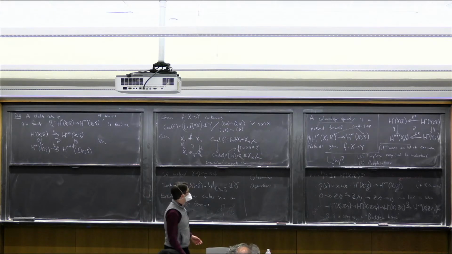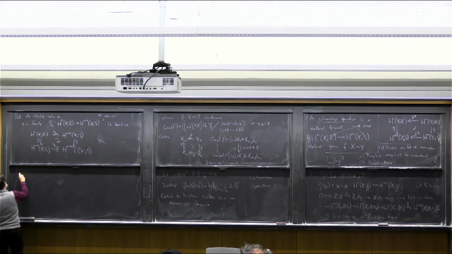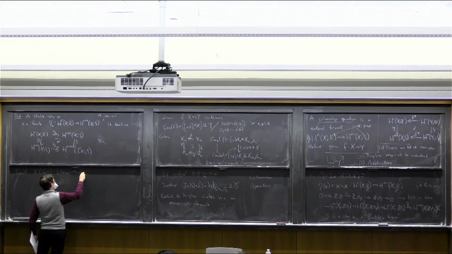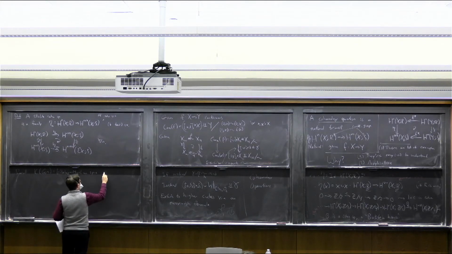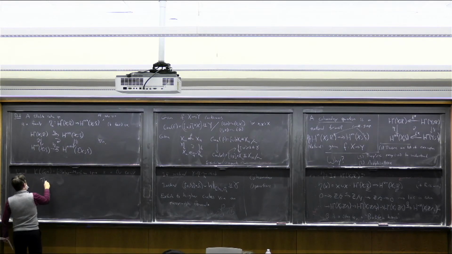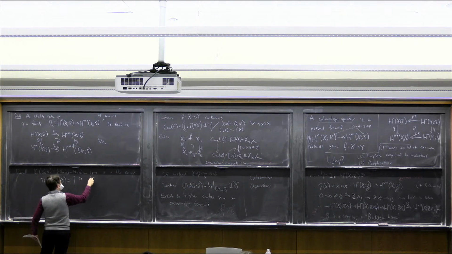OK, so the easiest example to understand, recall K(G, n). This is an Eilenberg-MacLane space. It's your favorite CW complex with pi_i of K(G, n) equal to 0 if i is not n and G if i is equal to n.